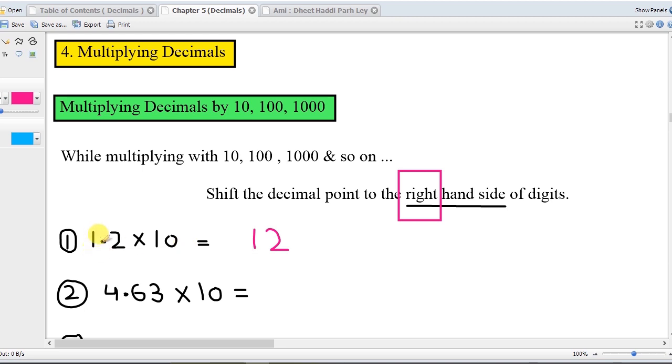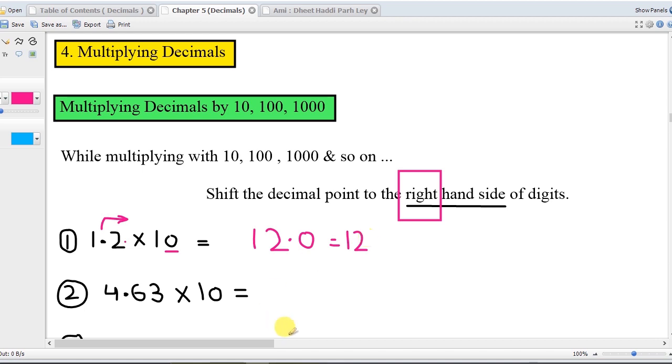Right now the decimal point is over here. How many digits do we need to shift it? There's just one zero, so we just need to shift one digit. So this decimal point will be shifted to here, and your answer will become 12.0 or simply 12.